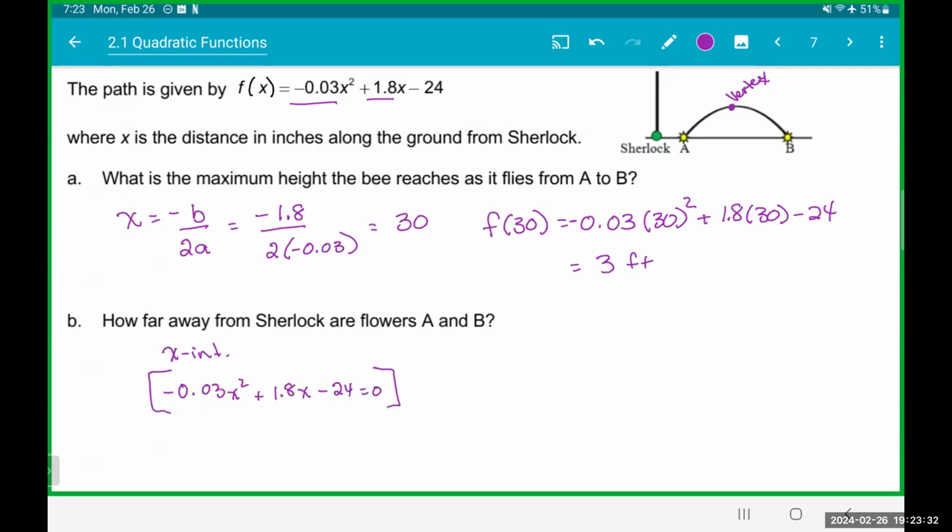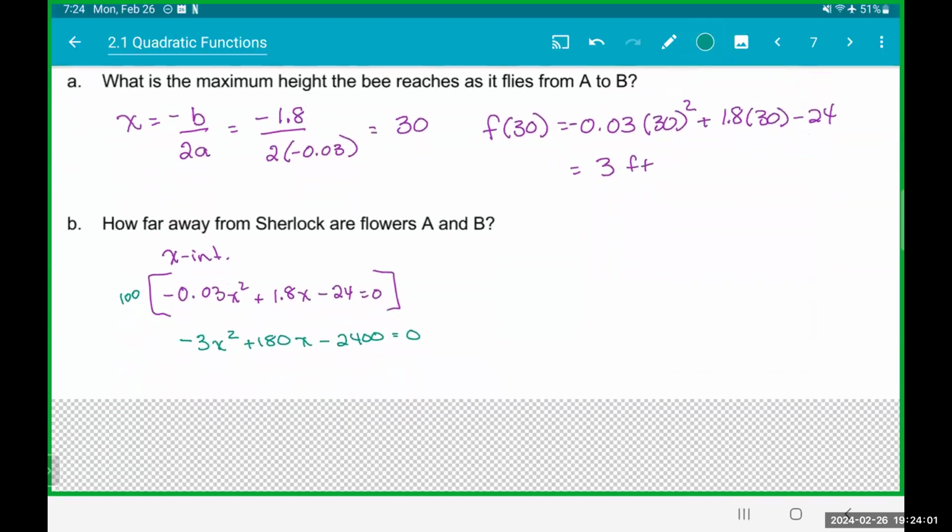I don't like dealing with all the little numbers, or the decimals, so I'm just going to multiply everything by 100. So 100 times this negative 0.03 is going to give me a negative 3x squared plus 180x minus 2400 equals 0.